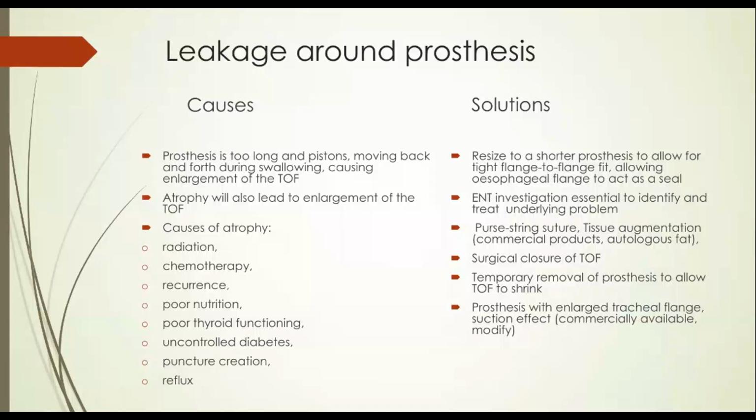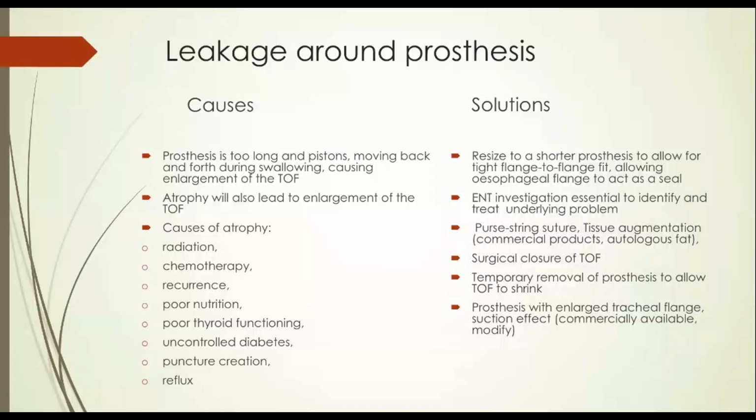Augmentation, we haven't done too many augmentations where we inject a substance to bulk up the tissue around it. We've done it in one patient where it helped, and then a repeat augmentation is required just to keep the tissues quite snugly around the prosthesis. But we don't have very many of those cases.